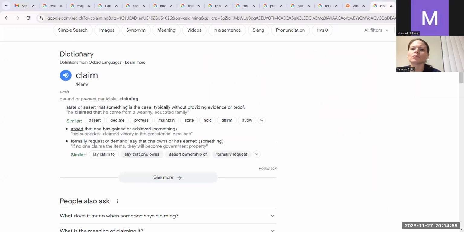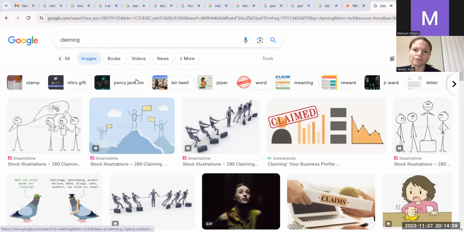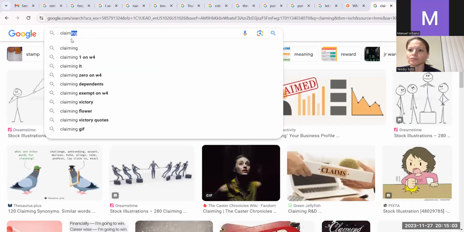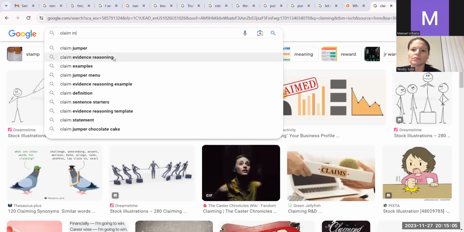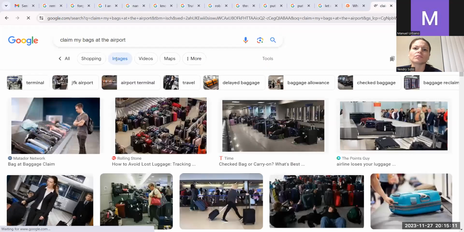You understand the meaning of claim by any chance? Yes. Okay, right. So that's what it is. You can say claim my bag at the airport. So claim can be a synonym of retrieve.